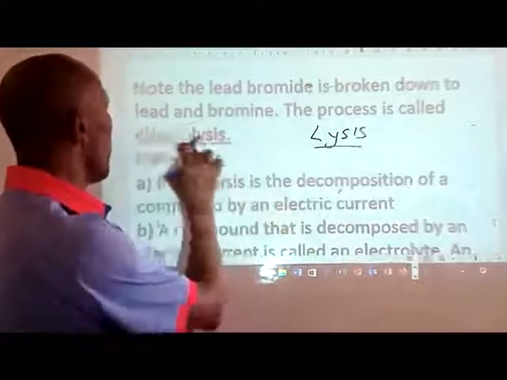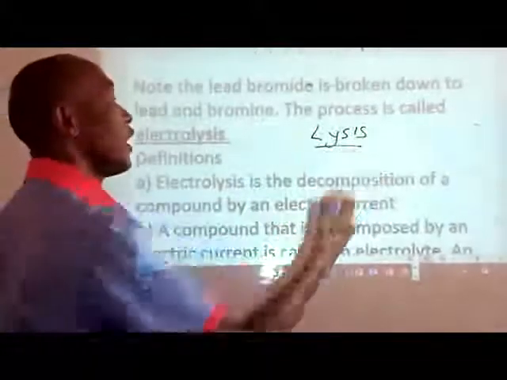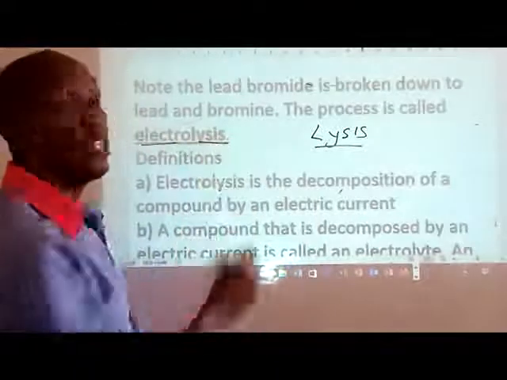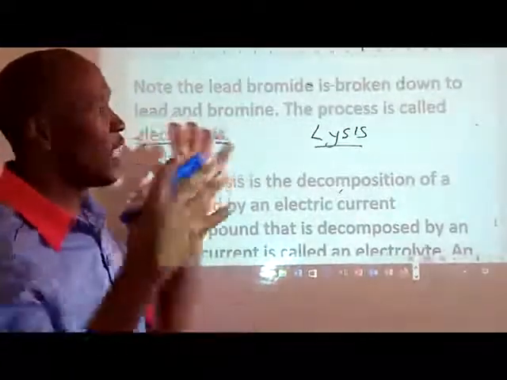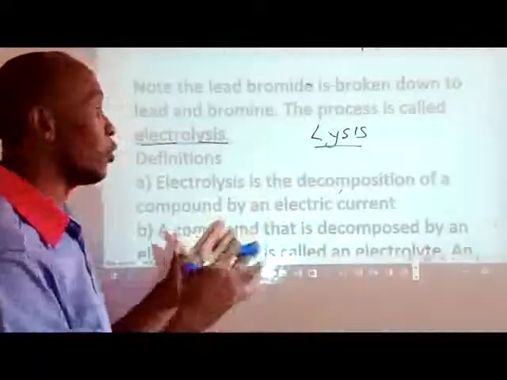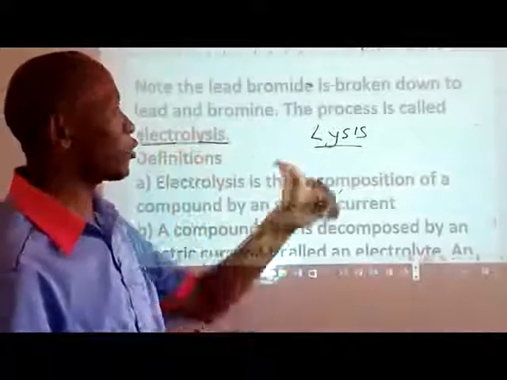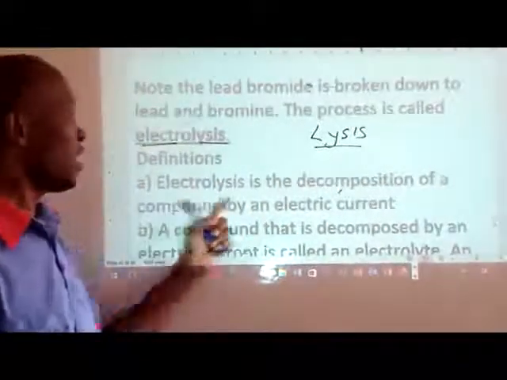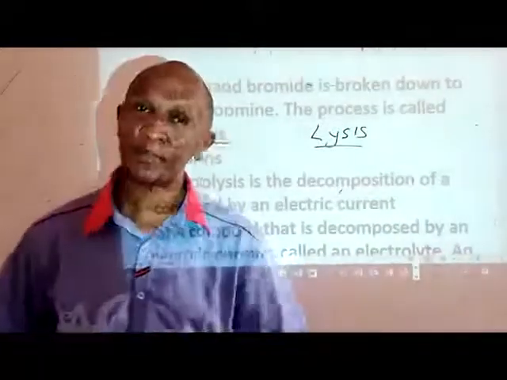So when you break something using electricity, then we can talk of electrolysis. So the whole of this process has led to the breakdown of a substance by means of an electric current. We call it electrolysis. So what is electrolysis? It is a decomposition of a substance by passing an electric current.